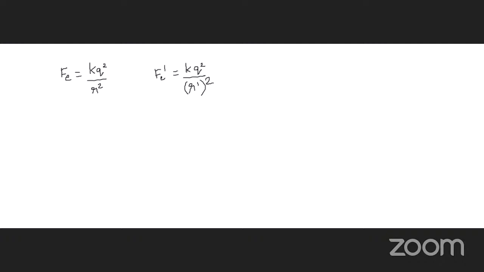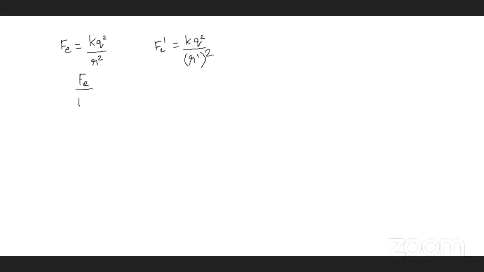So the next step is, we know very well Fe by Fe prime. Okay. The previous step. Fe by Fe prime equal to r by 2r prime.